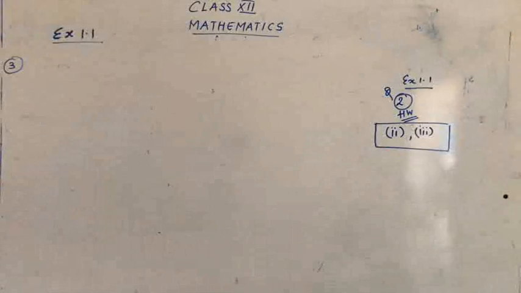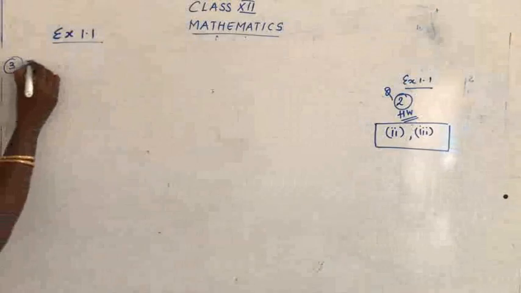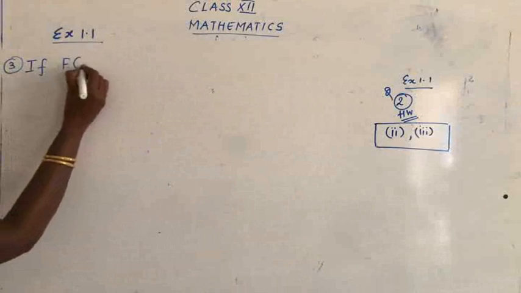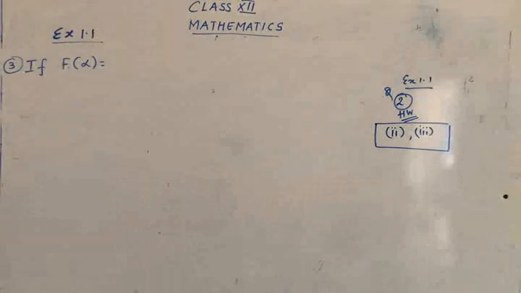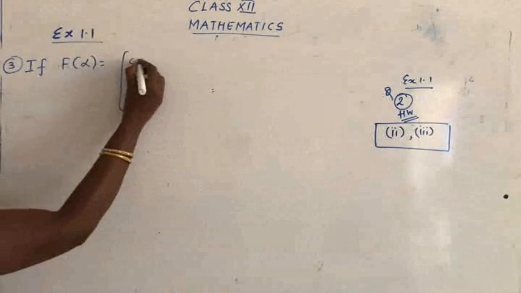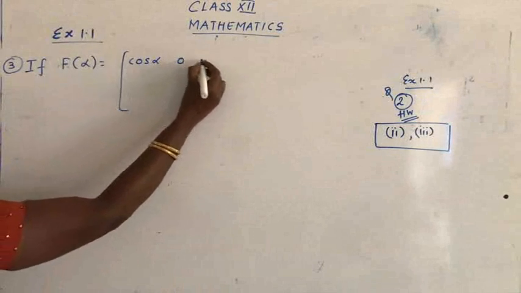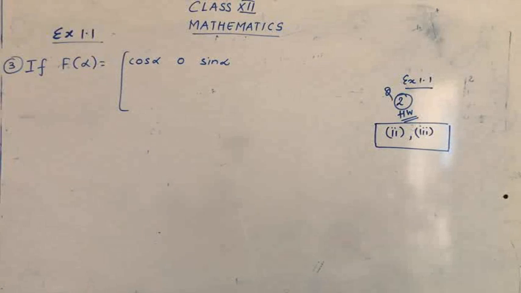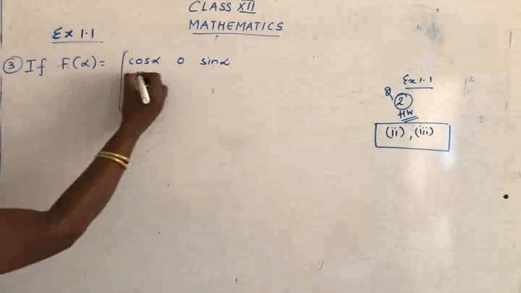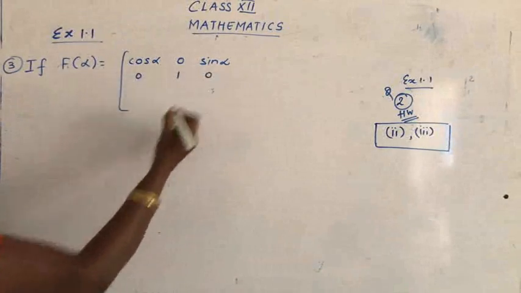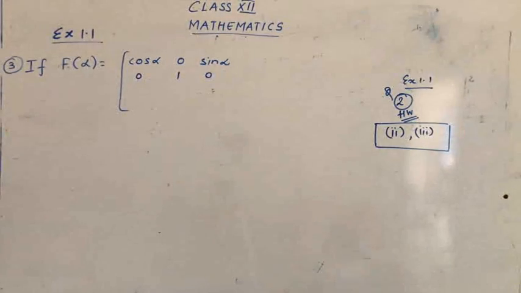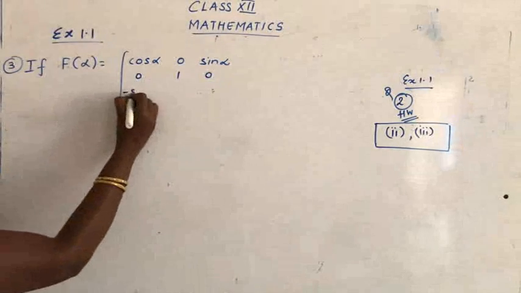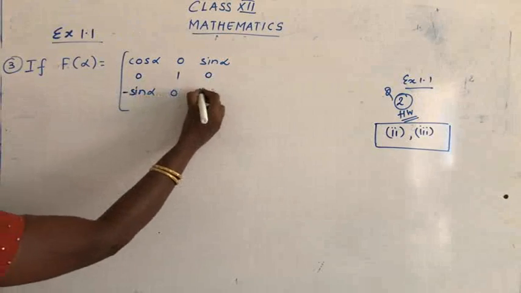Take down question number 3. If f of alpha is equal to the matrix cos alpha, 0, sin alpha; 0, 1, 0; minus sin alpha, 0, cos alpha.